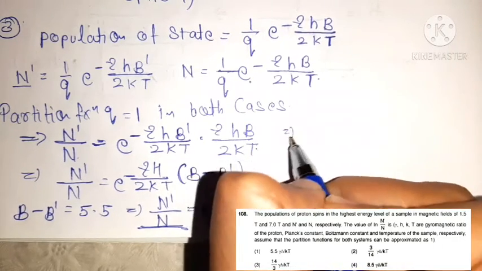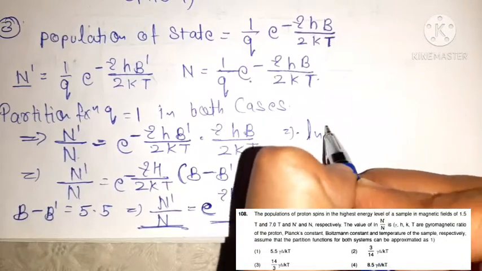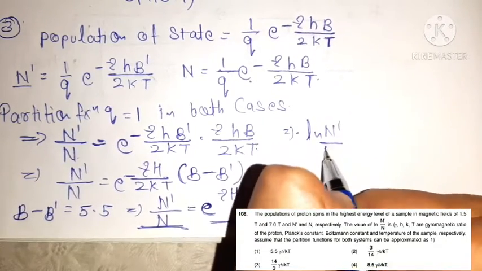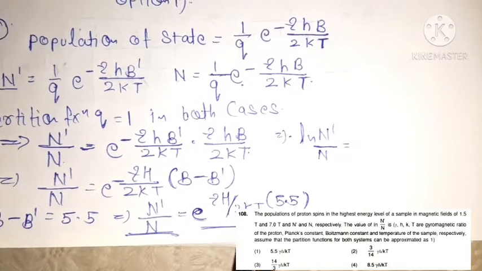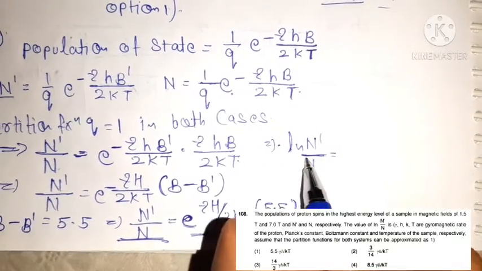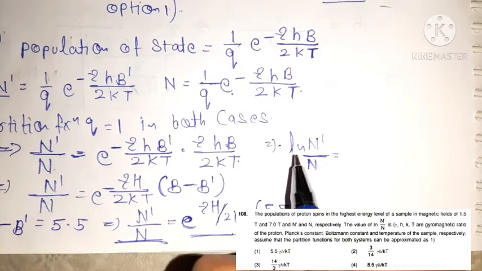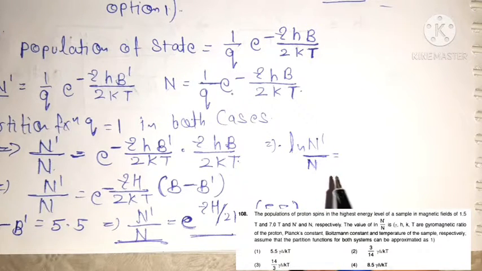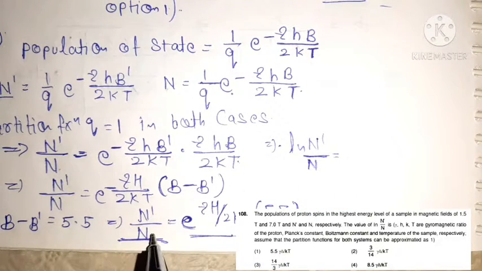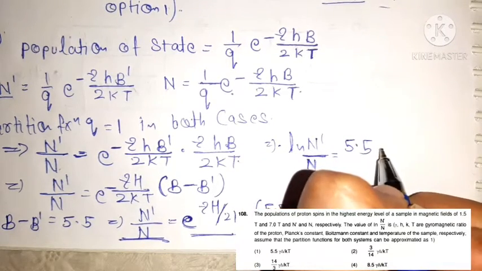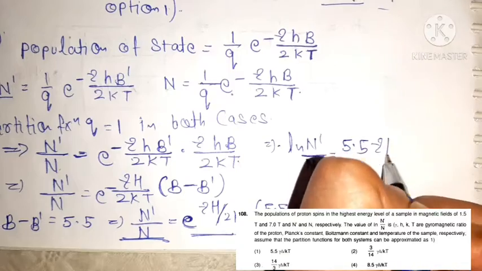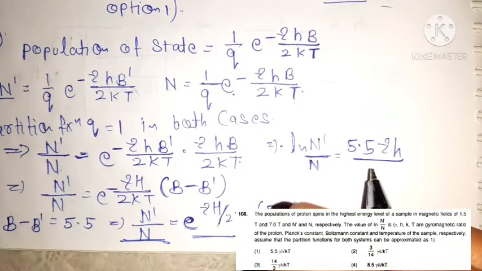So from this equation, ln n dash upon n, which is what should be found in our question, is equal to 5.5 gamma h upon 2 kT.